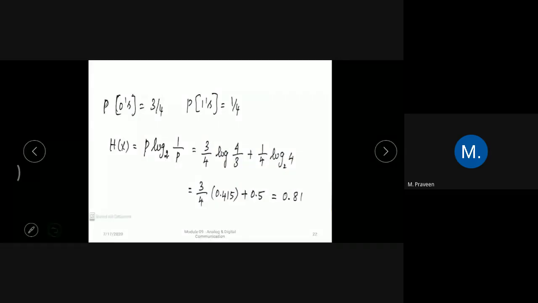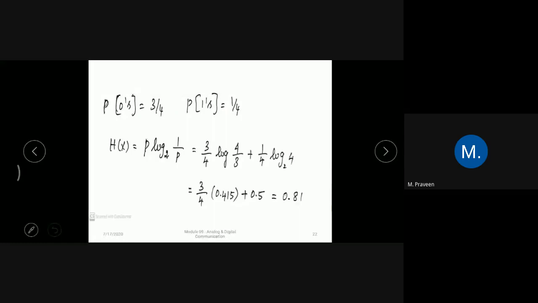So we understood that the probability of occurring 0 is 3 by 4, and the probability of occurring 1 is 1 by 4. We know the entropy equation: H of x is equal to sum of p log base 2 of 1 by p, where p is the probability.